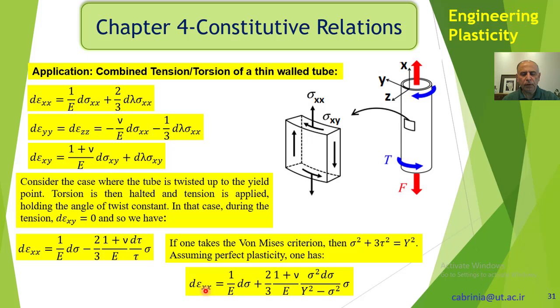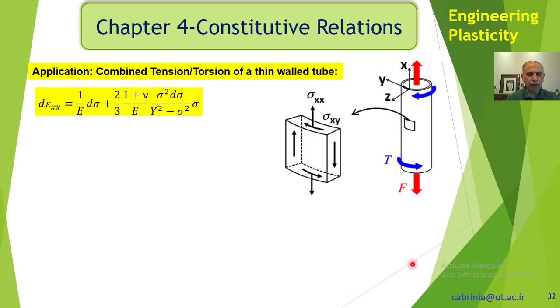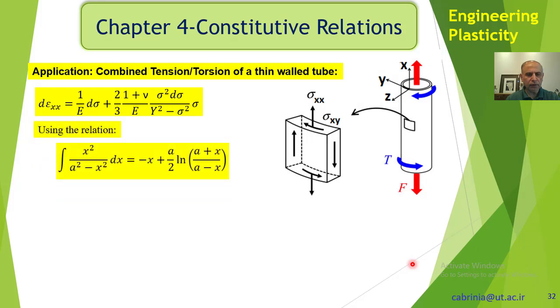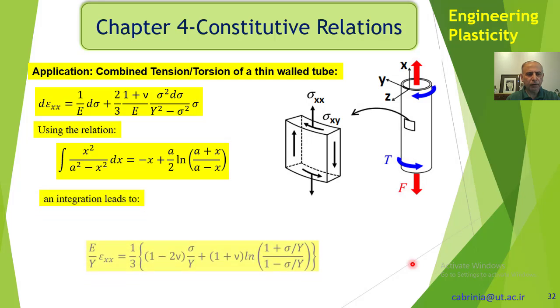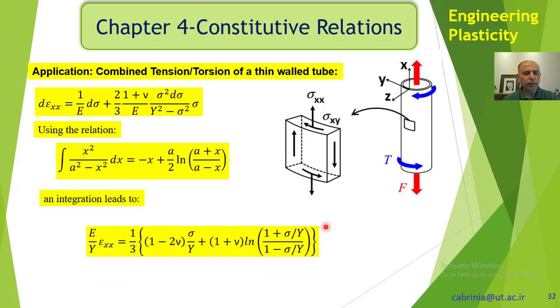So we have d epsilon xx in terms of sigma, y and d sigma, and therefore we can use this relationship to integrate it. If we integrate this expression, we get this, which gives us the epsilon xx.